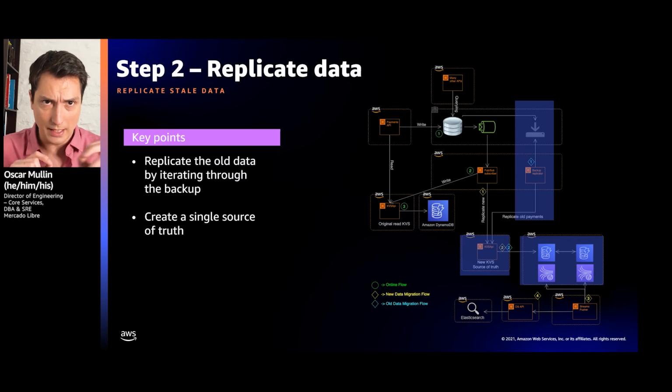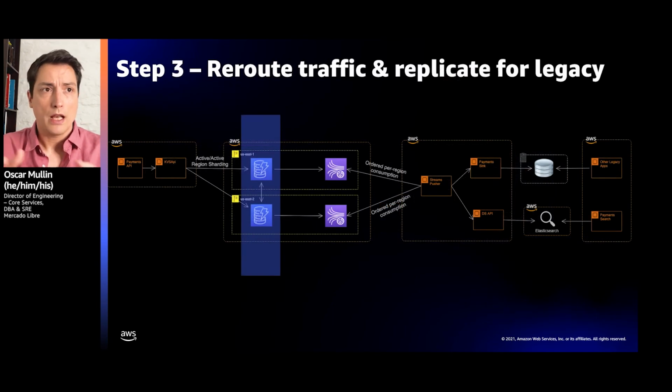As you can see in this diagram, we are using DynamoDB global tables because that provides the level of availability we expected to have our most critical applications there. The new architecture for our payment looks more like this. We have a payment API that talks to KVS API. We use active-active region sharding, the feature I showed you when segmenting our KVS API, so we can consistently write things into different regions.